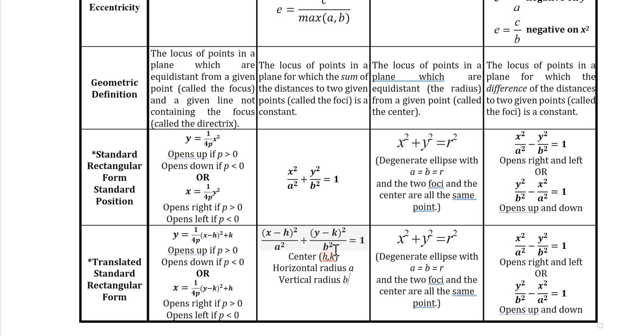When a and b are the same, this degenerates to a circle. x squared plus y squared equals 1 is the unit circle, or x squared plus y squared equals r squared is a circle with radius r.